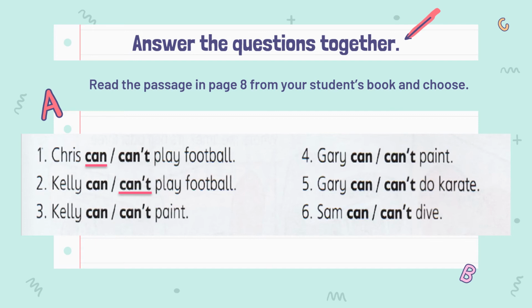Number 3. Kelly can or can't paint. Kelly can paint. Number 4. Gary can or can't paint. Gary can't paint. Number 5.